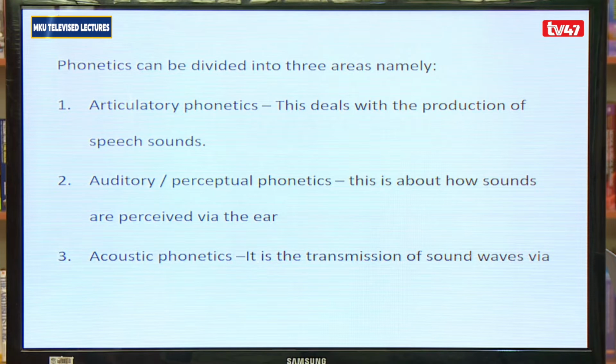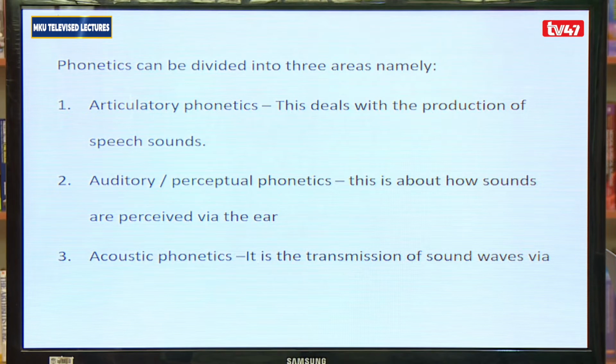So phonetics can be divided into three, and these are articulatory phonetics, which deals with the production of the speech sounds. Number two, we have auditory, or sometimes referred to as perceptual phonetics. This is about how we perceive the sounds.